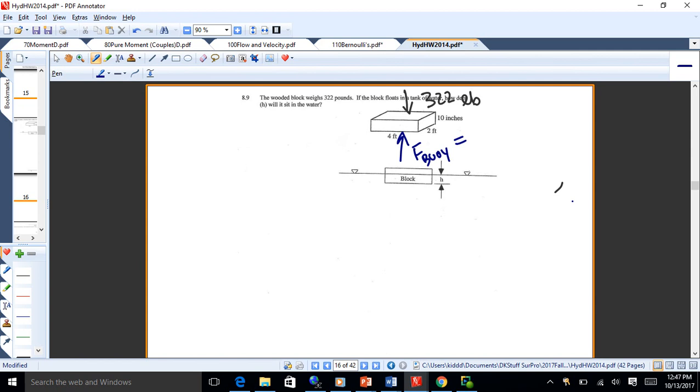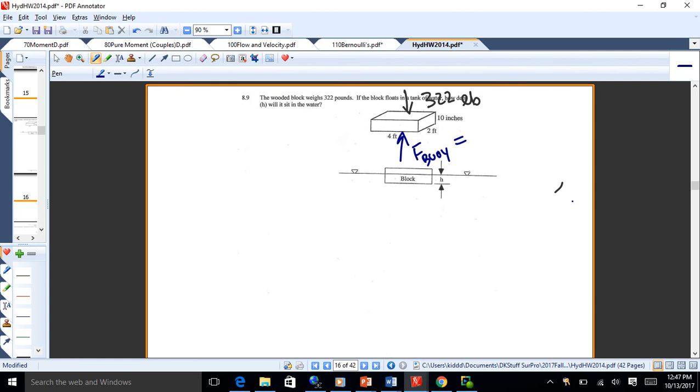I'm looking for a number, like how many pounds up will the buoyancy force be if that thing's going to float? Probably right at 322, right?